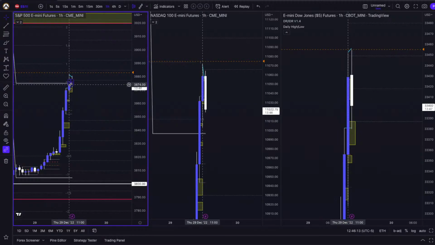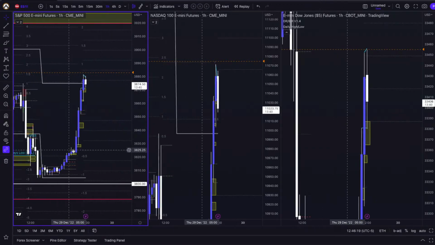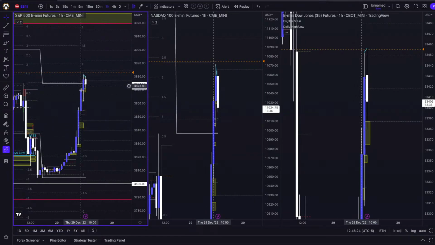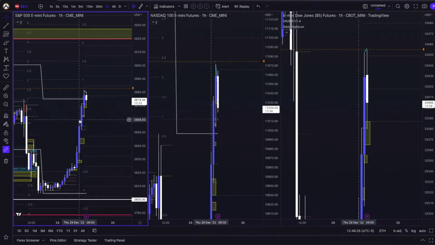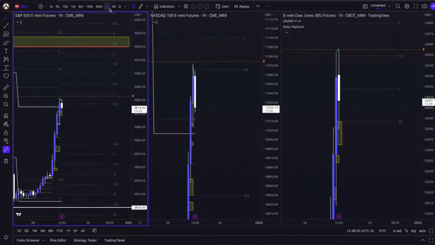If they're using this as an opportunity to bring short momentum into the market to maybe fill one of these fair value gaps of this basically parabolic move starting right from 8 a.m. New York local time, or if they're just going to continue the rally to the upside based on the hourly time frame.